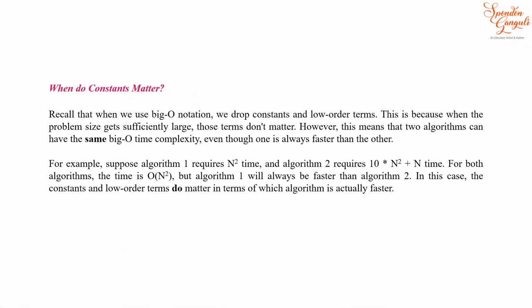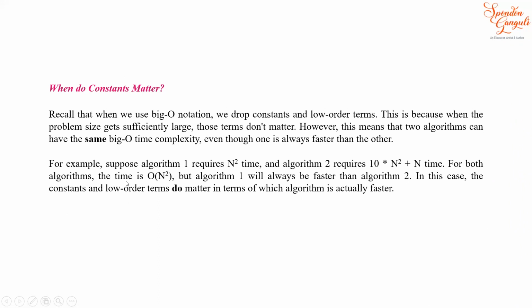When do constants matter? Recall that when we use big O notation, we drop the constants and the lower order terms. This is because when the problem size gets sufficiently large, those terms don't matter. However, this means that two algorithms can have the same big O complexity, even though one is always faster than the other.